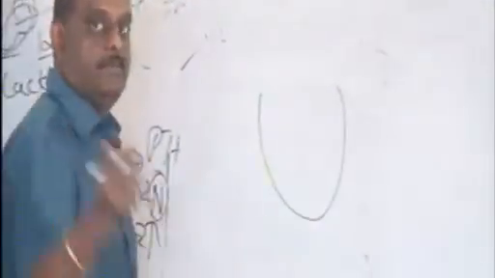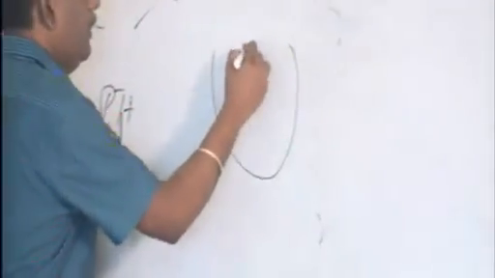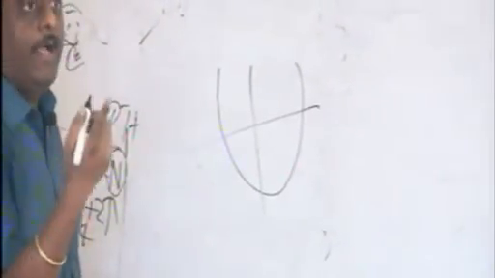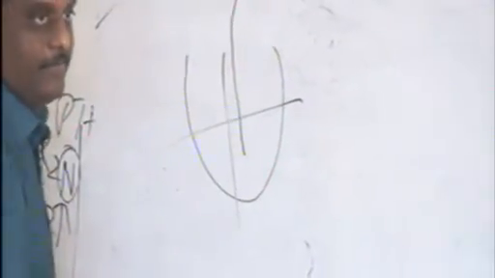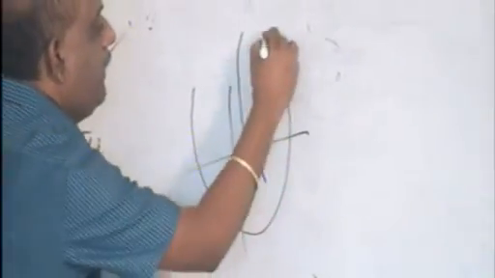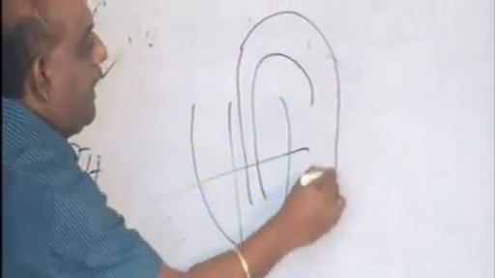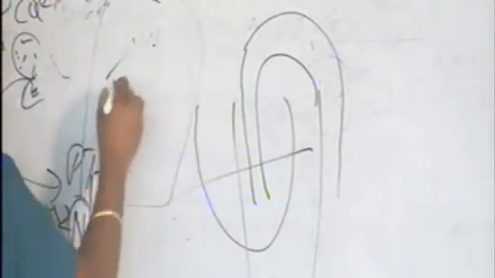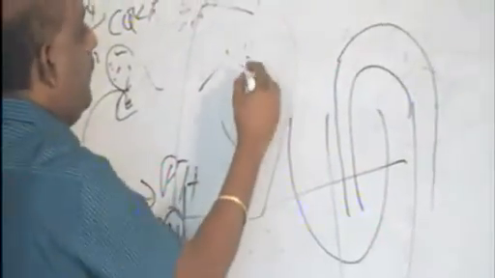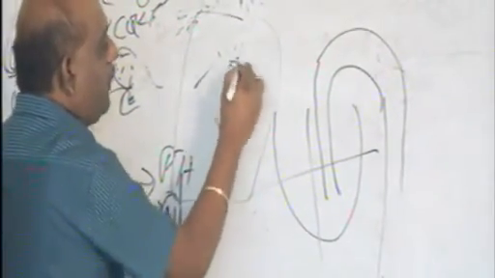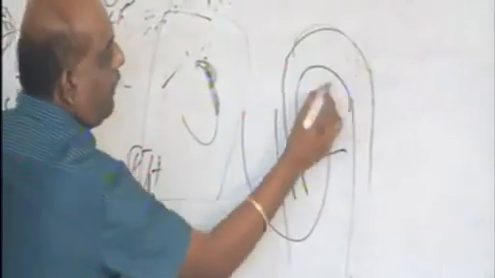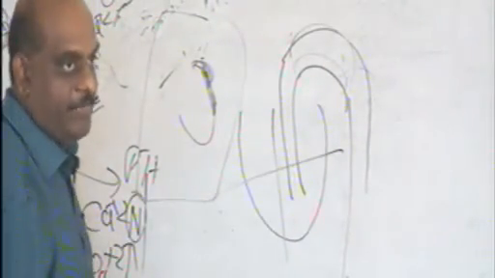you have the heart. Now, from the heart, what is originating? From the left ventricle, the aorta is originating. Aorta will become the aortic arch and then the descending aorta. So whenever you see the plain X-ray, you have the cardiac shadow, and here you have an aortic knuckle because of this aorta which has the curvature.